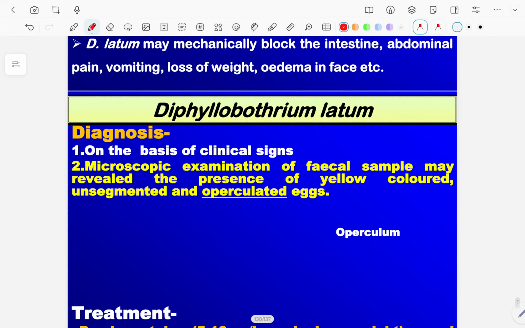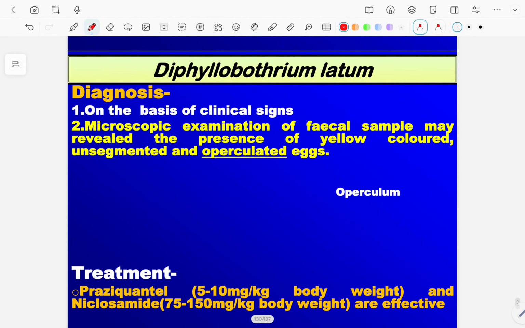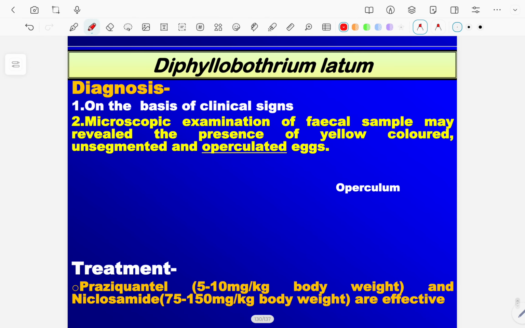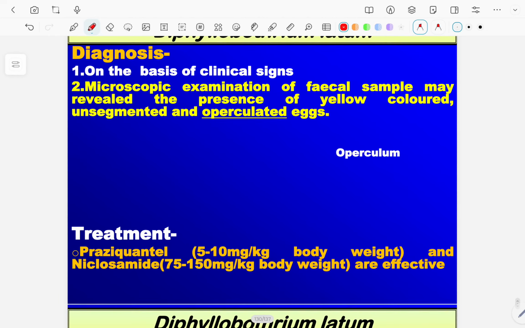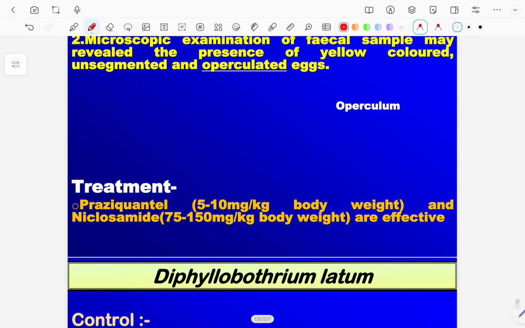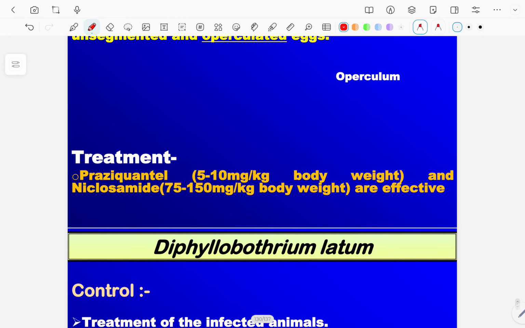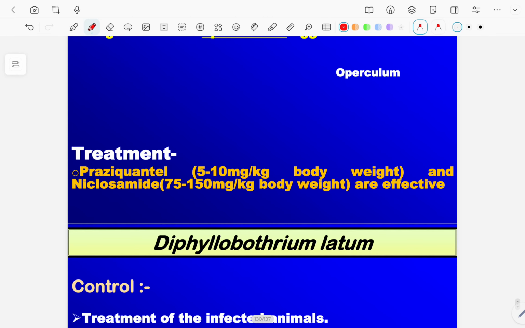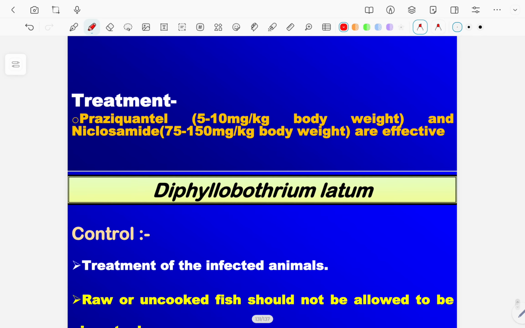Diphyllobothrium latum diagnosis is on the basis of clinical signs. Microscopic examination of a fecal sample may reveal the presence of yellow-colored, unsegmented, operculated eggs. Treatment: praziquantel 5 to 10 mg per kg body weight and nicotinamide 75 to 150 mg per kg body weight are effective.